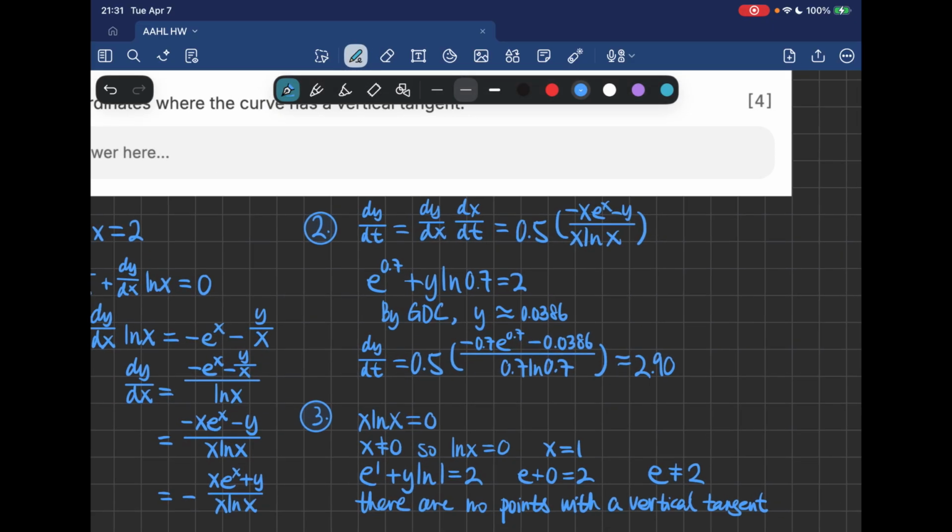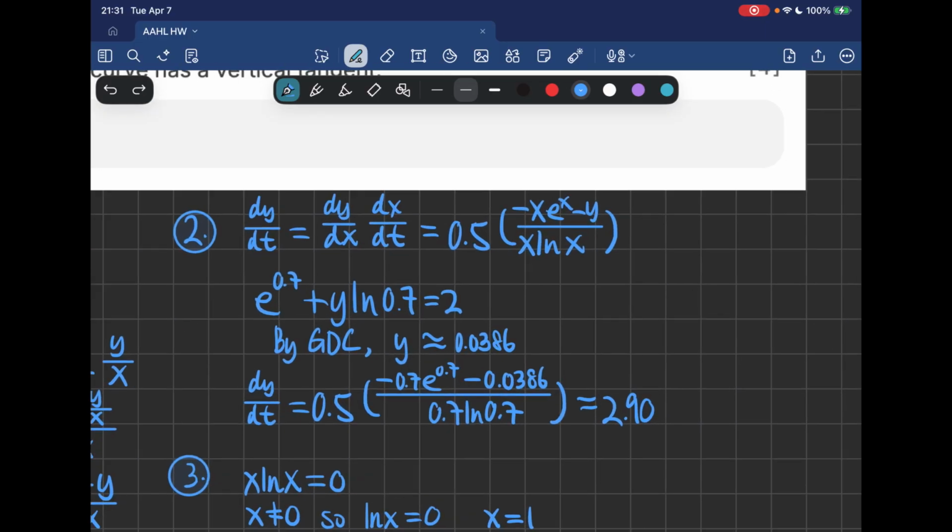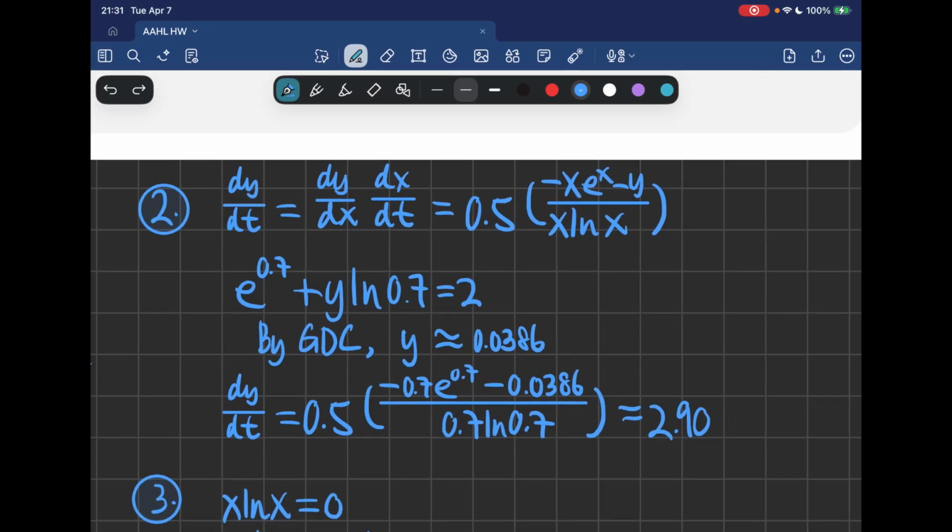So that is what I wrote before, and then we just write dx over dt as 0.5 and dy over dt as this. Well, notice that not only does it have x in there, which is 0.7, it also has y, but we don't know y yet. So we need to find y.